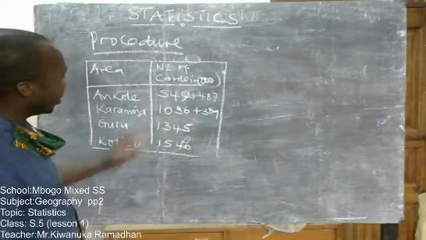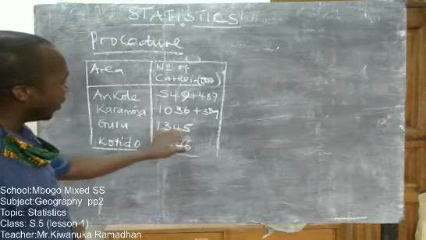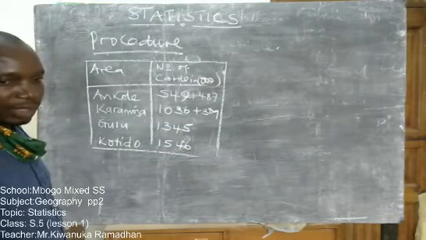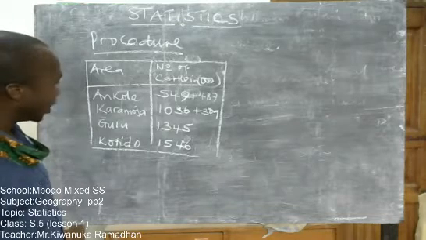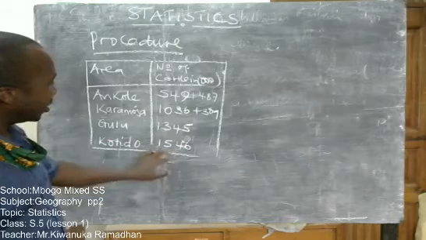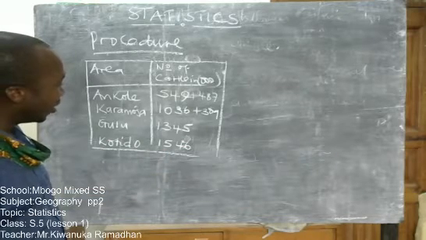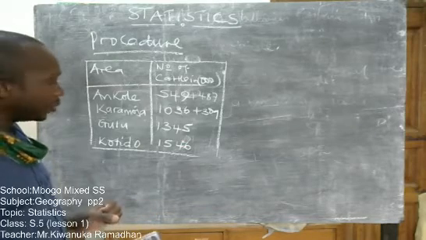Then we also added 1345 to the value of Kotido, which is 201, to give us the total of 1,546. That is the construction procedure.